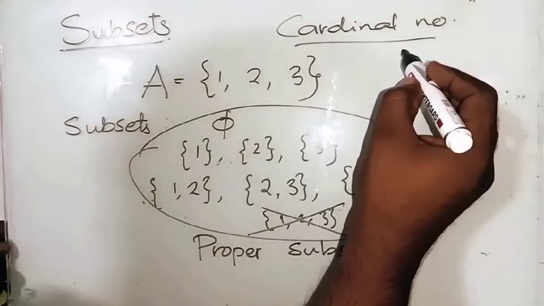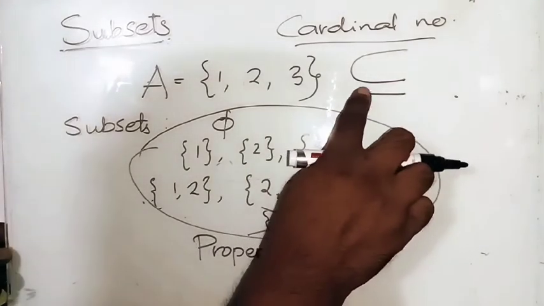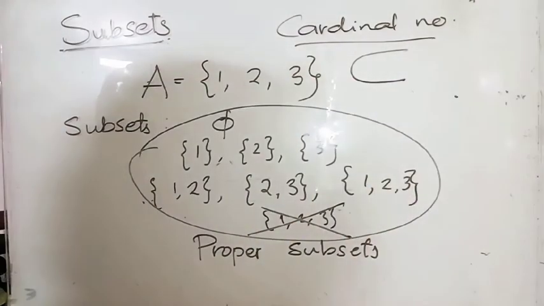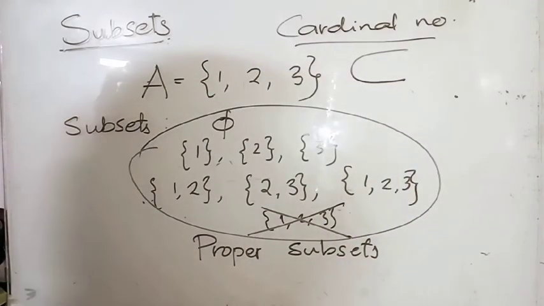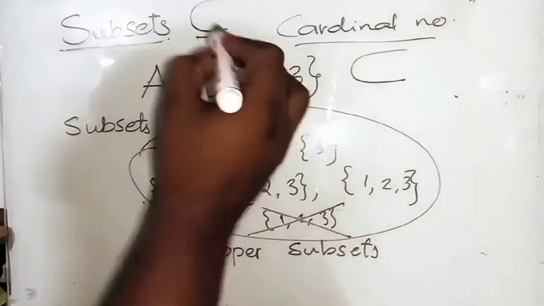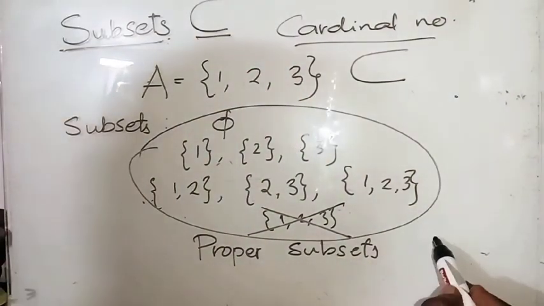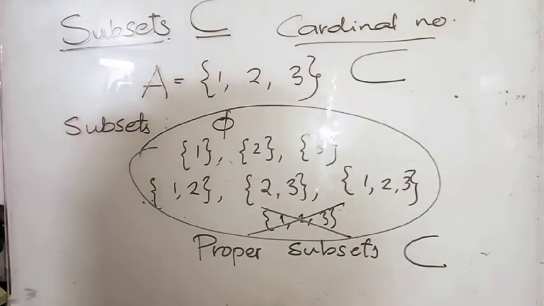The subset sign is this one. This is the symbol for subsets. Now we eliminated this one, so we can call it a proper subset. Subset is denoted with this one and proper subset with this one. We read it as subset of. And sometimes it is not a subset of.